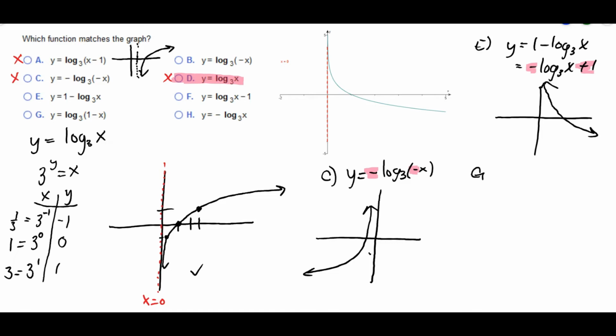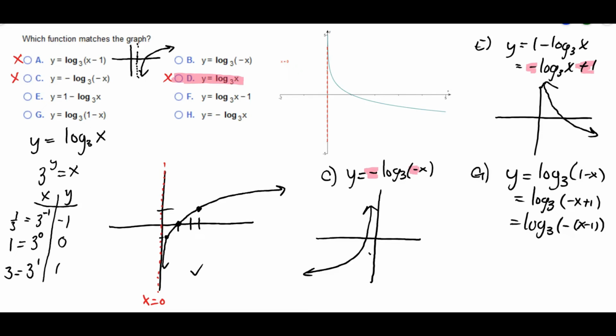All right, let's look at G. So y equals log base 3 of 1 minus x. I'm going to do some rearranging. So log base 3 of negative x plus 1, and that's log base 3 of negative times x minus 1. So that minus 1 shifts to the right. The negative reflects it.